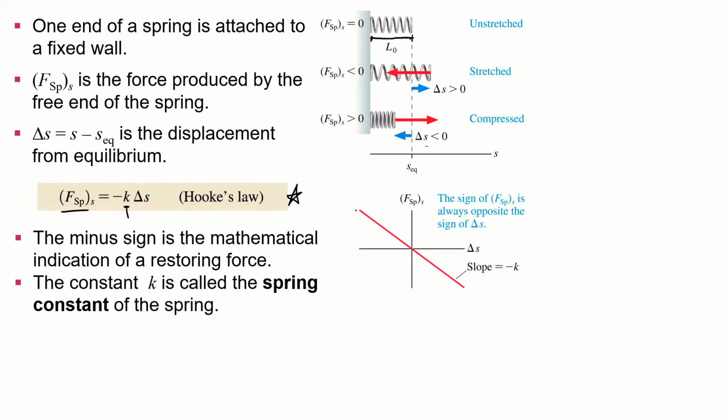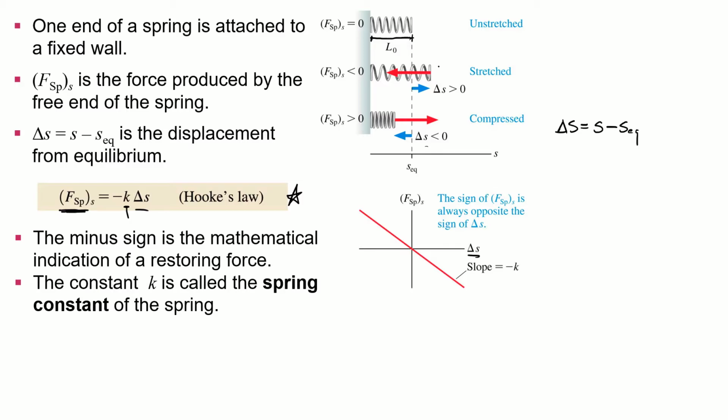If you plot the force versus the displacement, as you stretch that spring further and further, the force gets larger and larger, and the slope of that force versus displacement plot is negative the spring constant. The negative sign is what makes it a restoring force. Our delta S is equal to S, wherever the end of the spring is, minus S equilibrium.